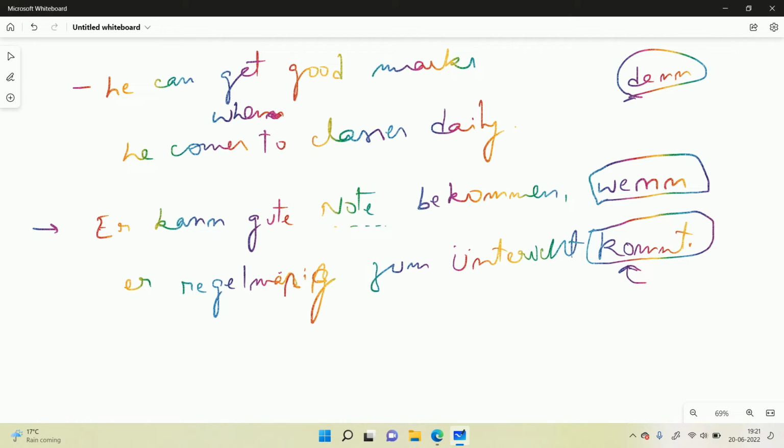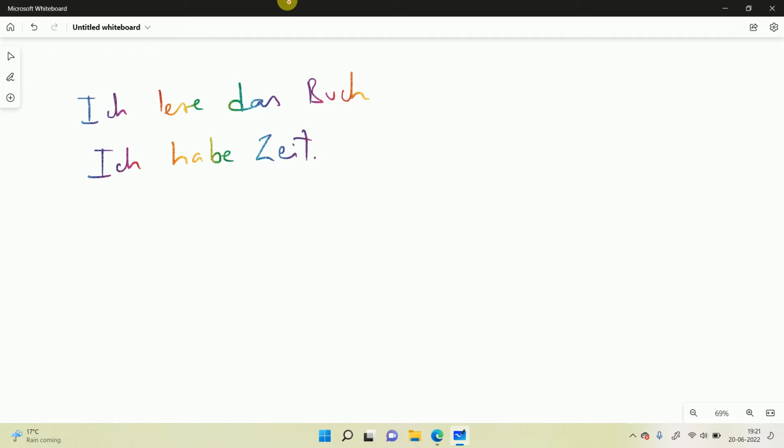Let me see if there is any simple example in my list. Yes, I have one, very simple. I will give you one more example. Ich lese das Buch. Ich habe Zeit. Okay, now let us try it together because it is very simple. As I told you, there are two sentences: Ich lese das Buch, ich habe Zeit, right?